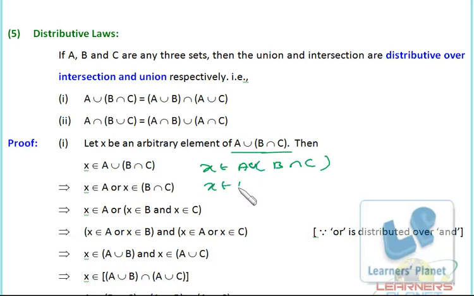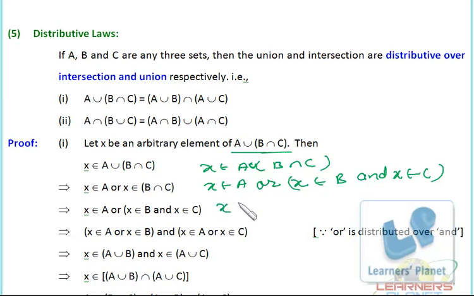That means X belongs to A, and for the union sign I'll put OR, X belongs to B and X belongs to C. Why? Because it is B intersection C, so intersection is converted to AND. So X belongs to A, or X belongs to B and X belongs to C, right?